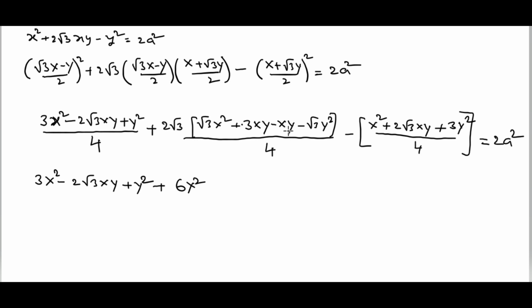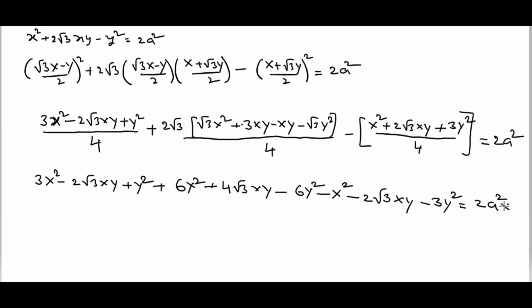Here is 3XY minus XY, 2XY into 2 root 3, that is 4 root 3 XY, minus 2 root 3 into root 3, that is 2 into 3, 6Y square, minus X square minus 2 root 3 XY minus 3Y square, is equal to 2a square into LCM value 4, that is take cross multiplication, 4 into 2a square.